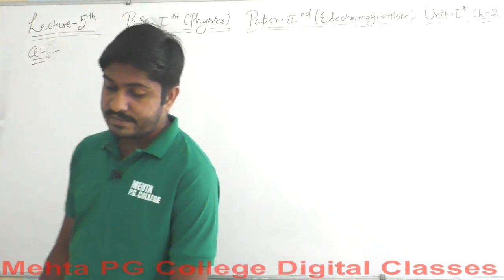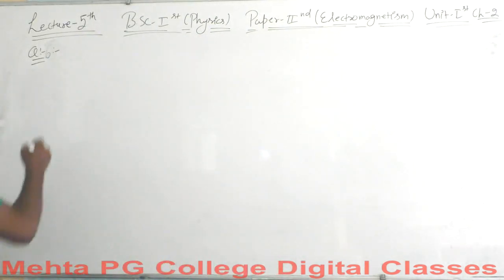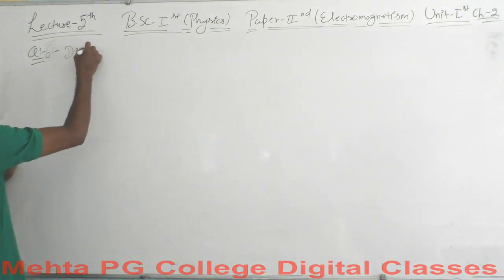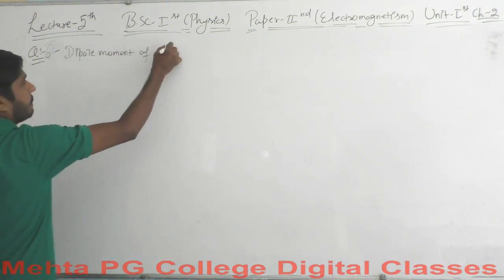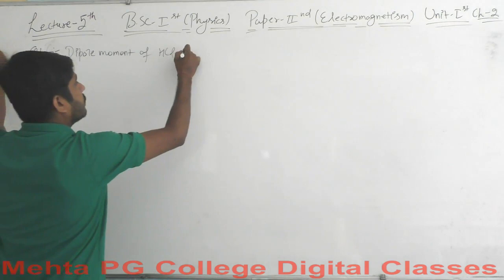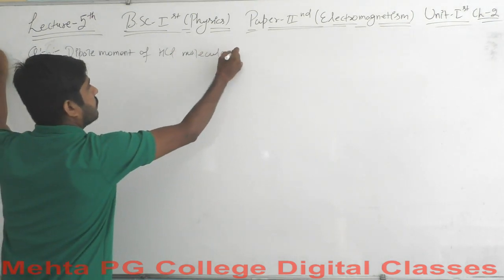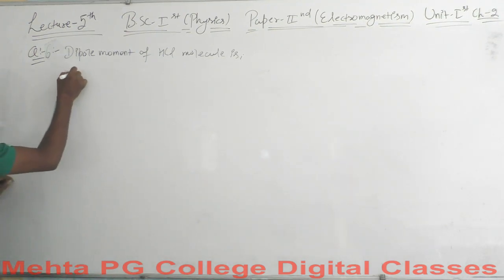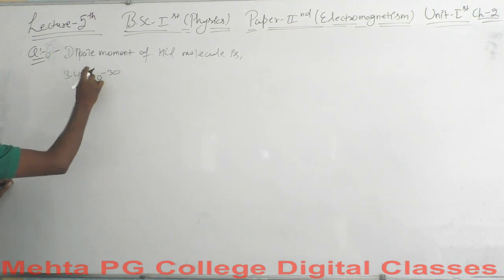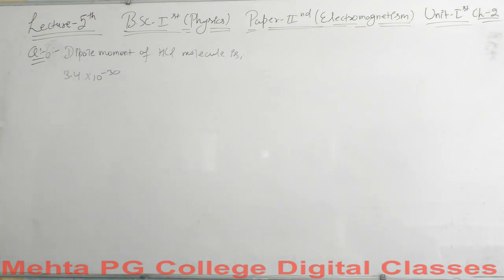The dipole moment of the HCl molecule is 3.4 into 10 to the power minus 30 coulomb meter.